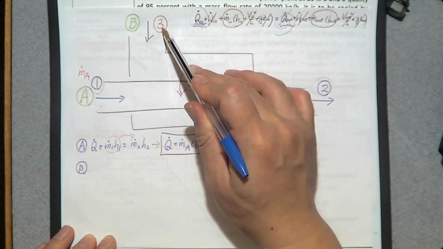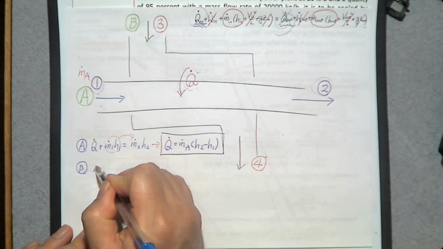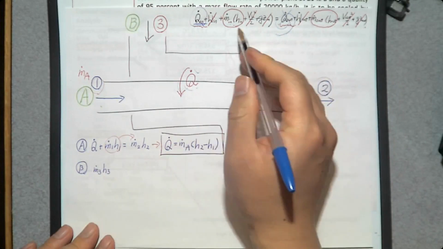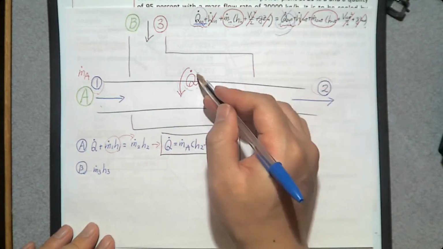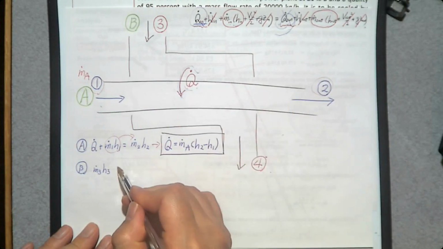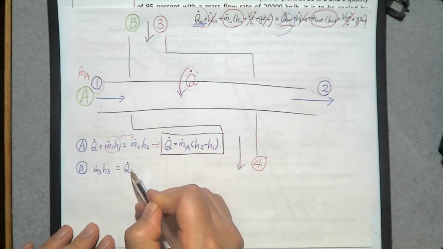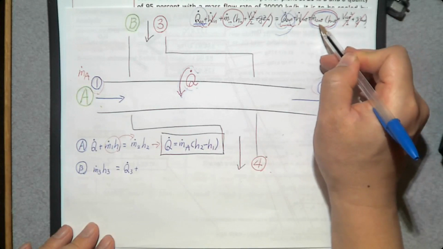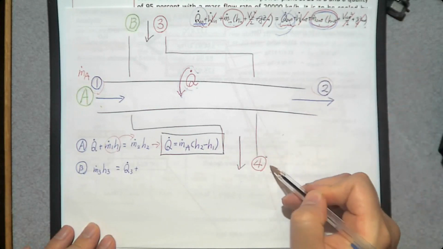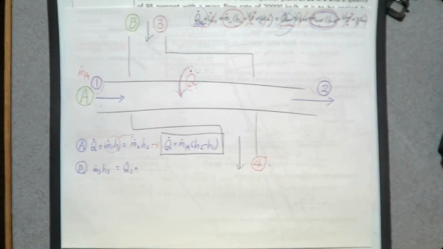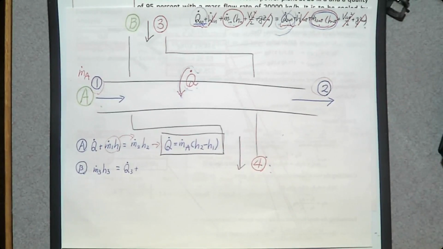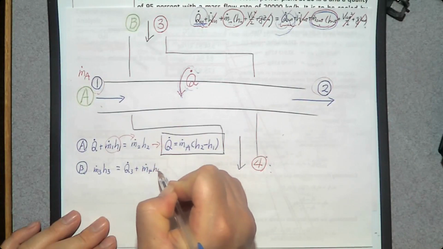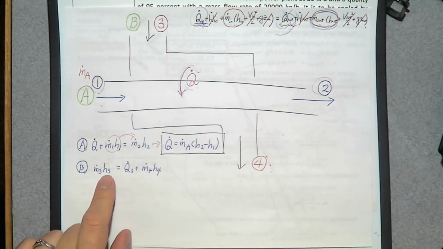The inlet is number 3, so m dot 3 times H3, then we have Q dot out, plus the enthalpy transfer rate at the exit, which is number 4: m dot 4 times H4. So this is the energy balance equation.